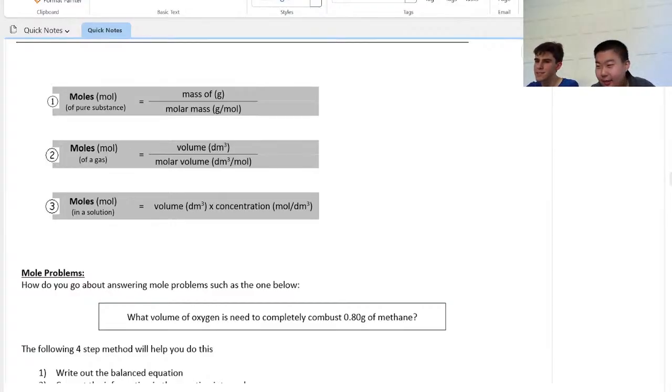Okay, the second one is that if you have a gas, and I'm assuming this is at room temperature, but that doesn't really matter, the moles, the amount of a substance, is the volume over the molar volume, and the molar volume is 24 dm cubed per mole.